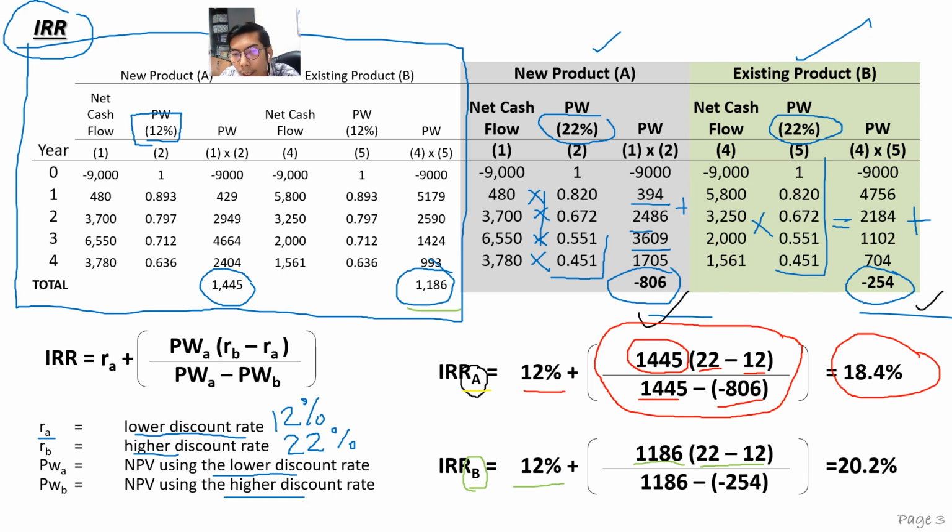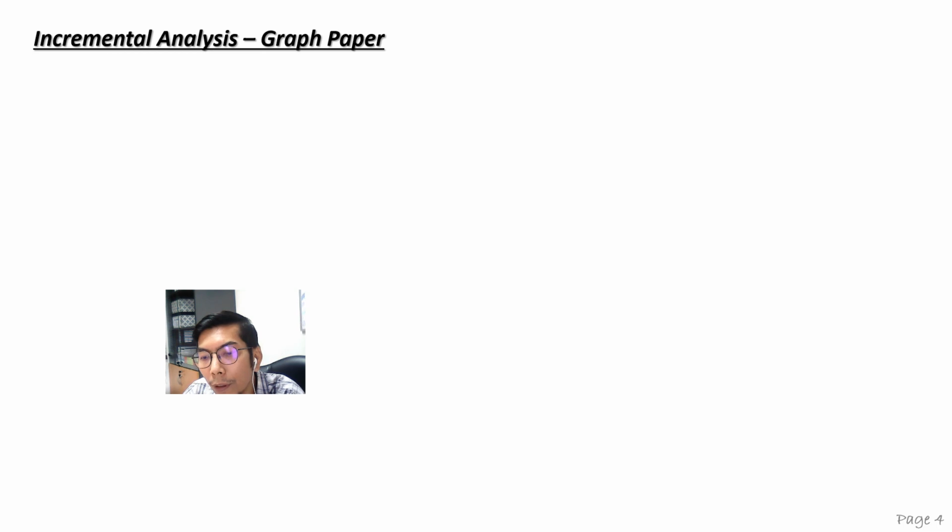So ini NPV using lower discount rate minus NPV using higher discount rate, which is 282 minus negative 54. Okay, solve in this bracket. Okay, so plus with 12%, you get 20.2%.